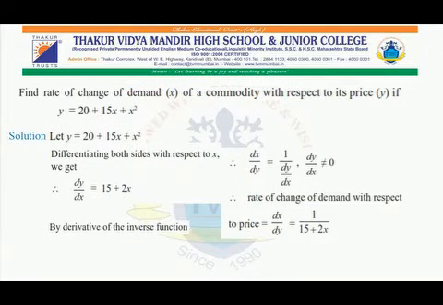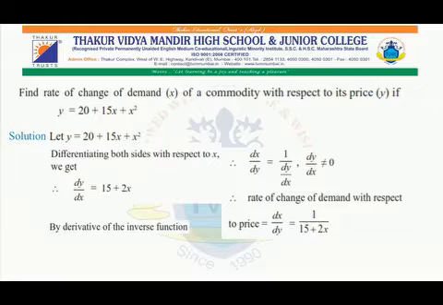Here is the example given. See how you have to find dx upon dy. Find the rate of change of demand x of a commodity with respect to its price y, if y equals 20 plus 15x plus x square.